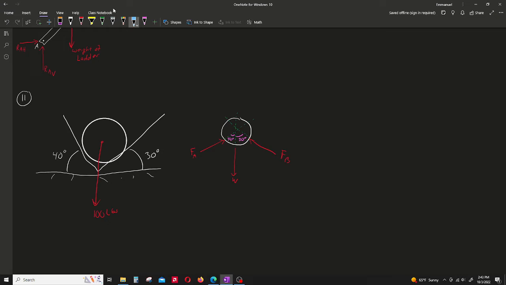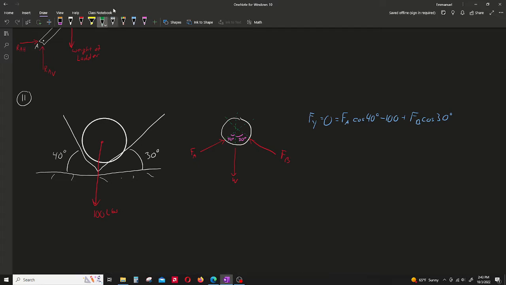And so now I can solve this problem for the forces acting on this cylinder. First off, as always, I'm going to start with my forces. So forces in the y direction are in equilibrium, which is 0. That's going to be FA cosine 40 minus 100 plus FB cosine 30.